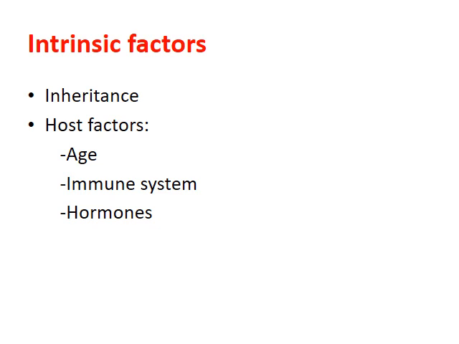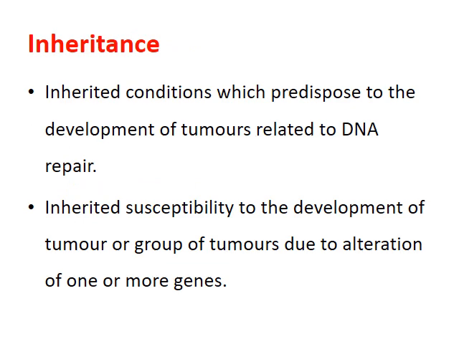So, what are intrinsic factors? Intrinsic factors include inheritance, which is genetics, and also host factors, mainly age, the immune system of the body, and the hormonal level or hormonal state. So, what is inheritance? Why is it important in the development of cancer?